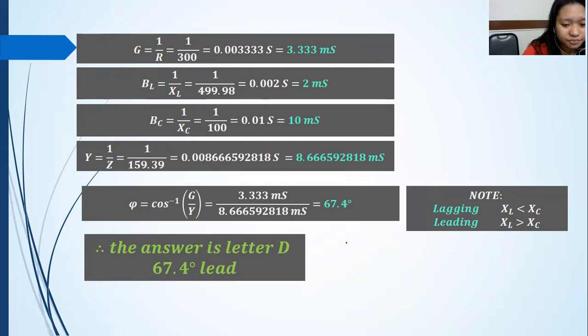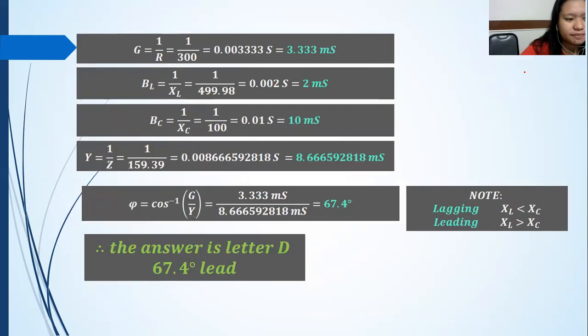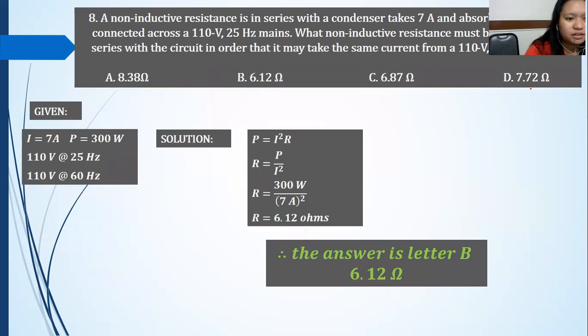Since we have here the note, if the XL is lesser than our XC, we have lagging, and the leading is XL greater than XC. Since we have XL greater than XC, we have leading. So therefore the answer is letter D, 67.4 degrees lead. Next is for the number 8.